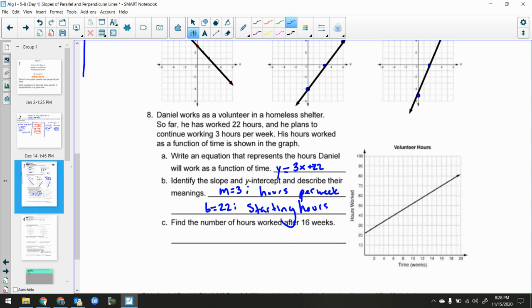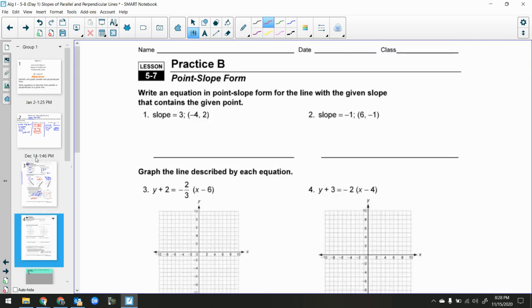Find the total number of hours he works after 16 weeks. Now, there's 2 ways to do this. I could come up here and say, okay, we're at 16 right here, so it looks like it's coming across at 70. But if I have my equation, can't I just plug it in? So let's do that. y is equal to 3 times 16 plus 22. Let's see how close we got.